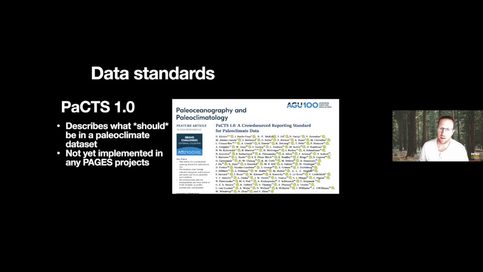Okay, I want to change gears a little bit and talk about data standards. Many of you are probably co-authors on this manuscript, which came out a couple of years ago, led by Deborah Khider, about a reporting standard for paleoclimate data.